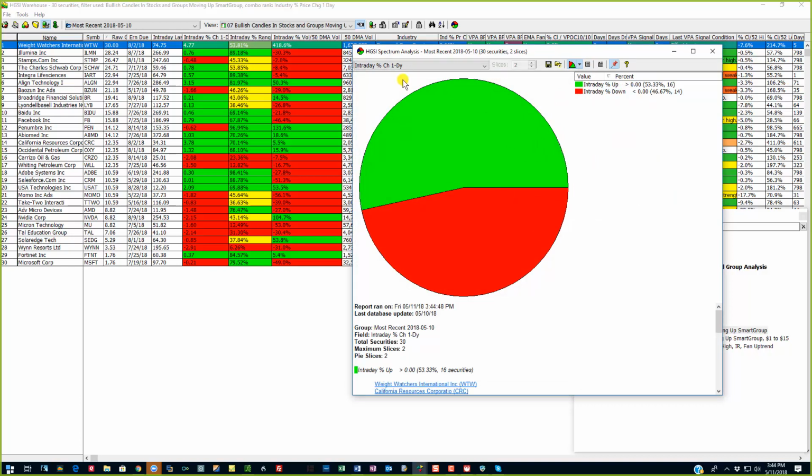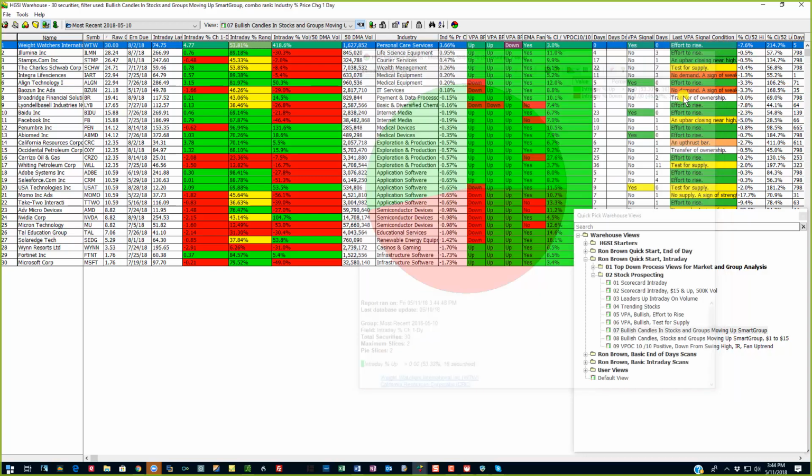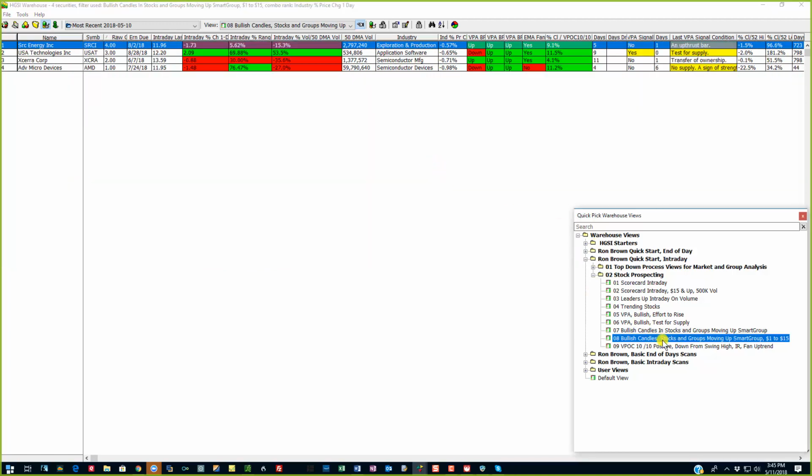Okay, this is a pie chart, intraday, one-day change. 53% were up, 46% were down of the stocks in the stocks and groups moving up. But that's just because of semiconductors and the exploration and production stocks didn't perform as well. But you can see that the application software did. And these are the 1 to 15 group.